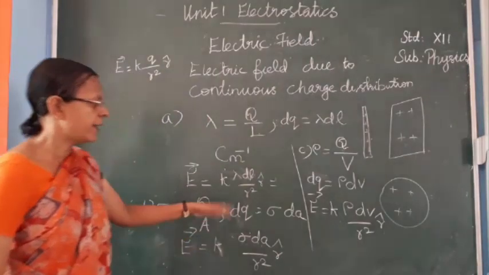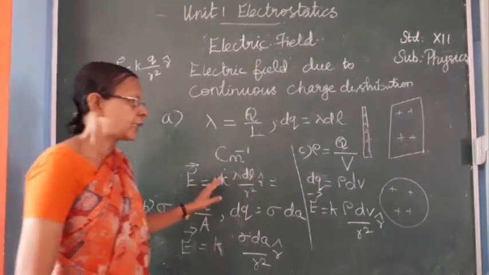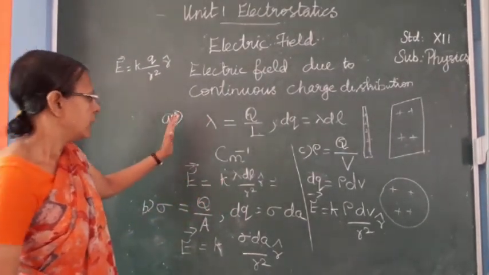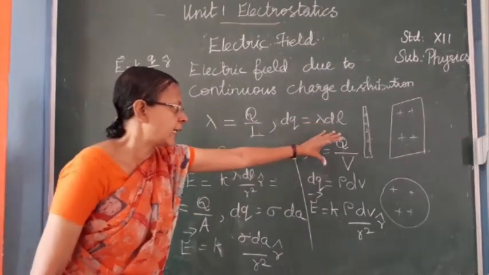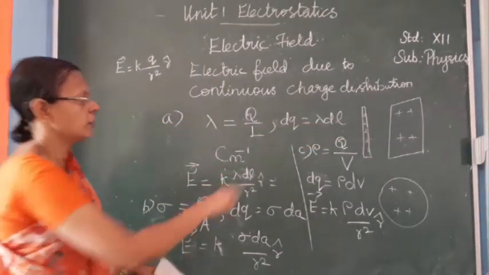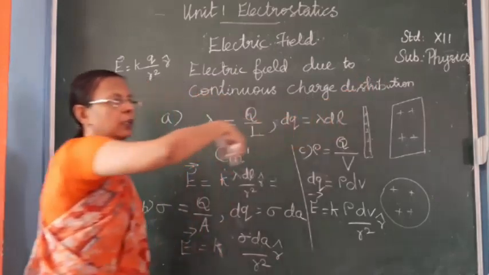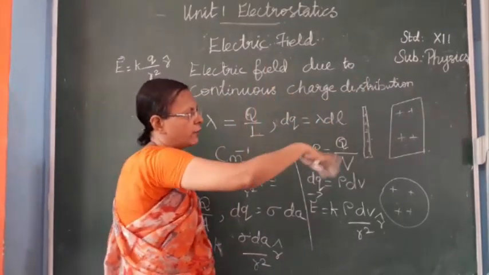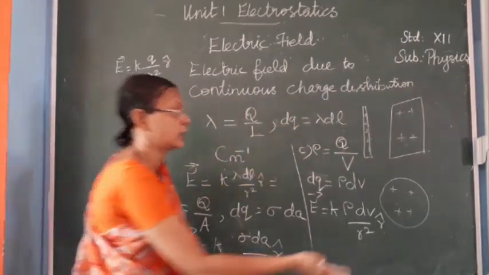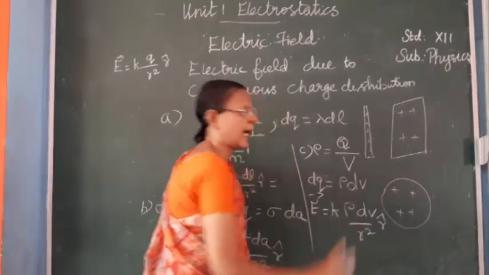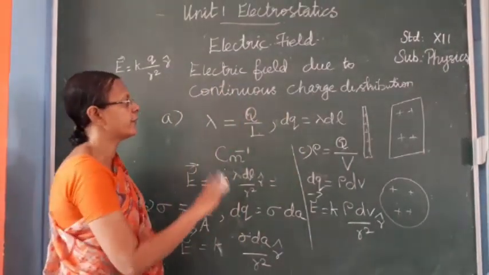In this way we can find the electric field for a linear element, for a sheet where the charge is distributed over a surface, and if the charge is distributed in a volume, this third formula.